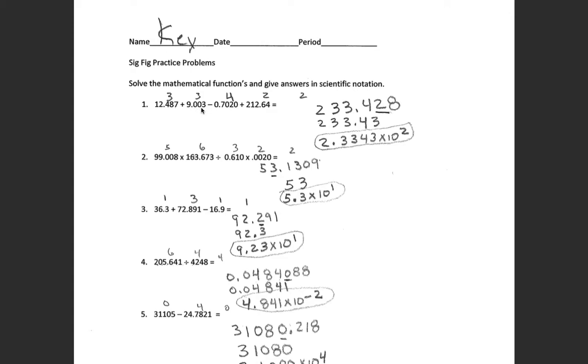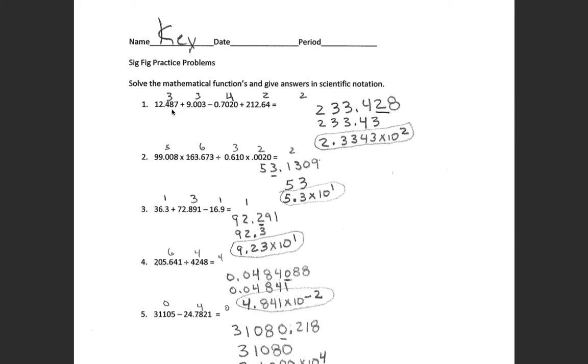These leading zeros count, okay, because it's sandwiched. I got 4. This trailing 0 counts. It's right at the decimal. And I have 2. So my answer is going to have, between all of these numbers, 3, 3, 4, and 2. I take the lowest number of digits after the decimal for each specific number. You don't add them or anything. It's 2. My answer is going to have 2 digits after the decimal.